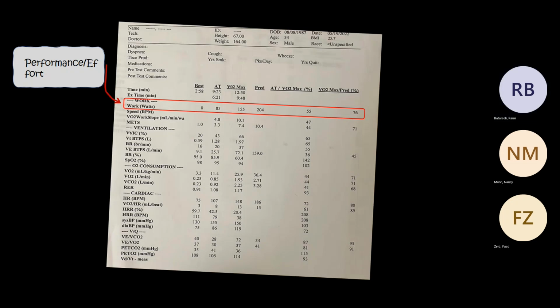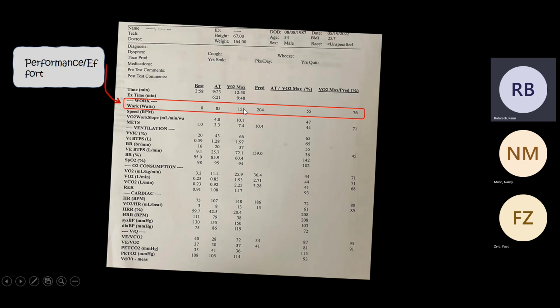And if you look here, that's the predicted watts. So this patient's predicted watts is 204. That's according to his age, weight, and everything we mentioned, okay? So to know that this patient reached good performance, one of the criteria that we look at is the maximum watts he reached during the VO2 max.